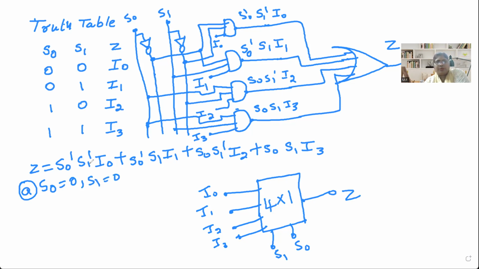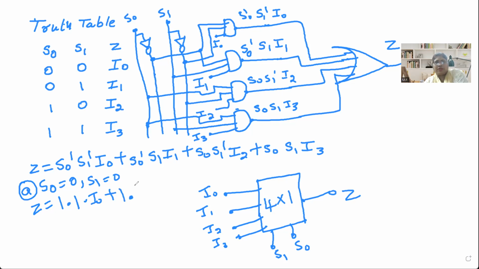So put the value of S naught S1 in this whole equation. So Z equal to S naught dash. So this becomes 1 dot, this S1 is equal to 0, and we have to take complement here. So this also becomes 1 into I naught plus this S naught dash is equal to 0. Complement of this is 1.